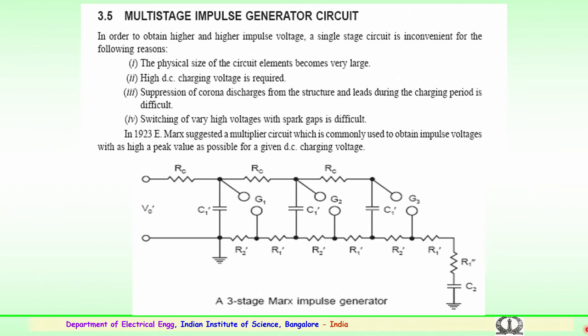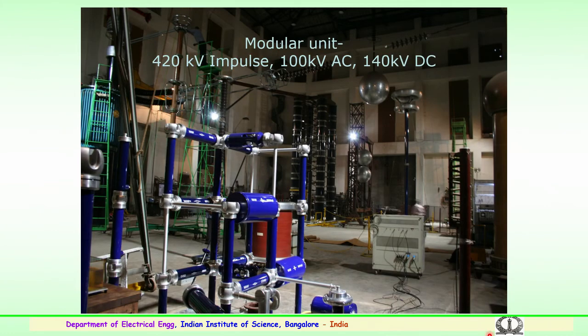This is one of the modular units at our laboratory: a 400 kV impulse generator consisting of an AC unit of 100 kilovolts with a DC output of 140, and a 420 kV impulse generator with a divider arrangement.